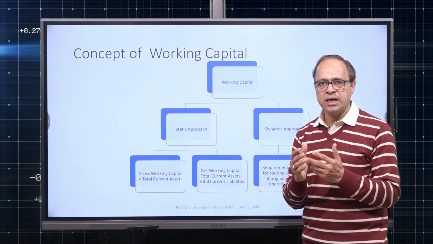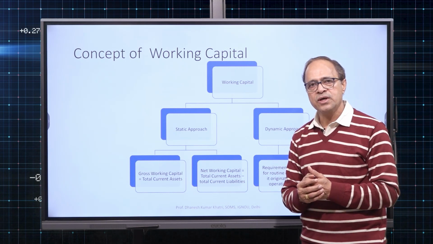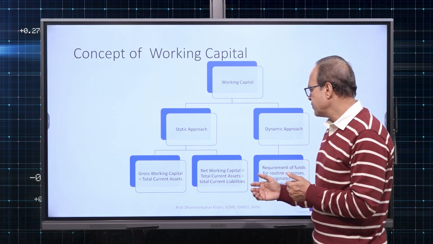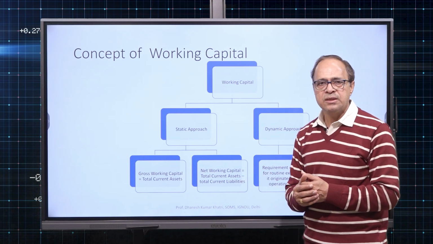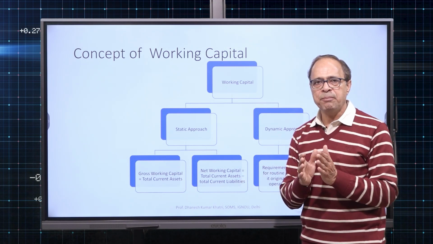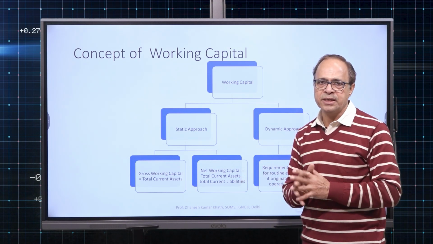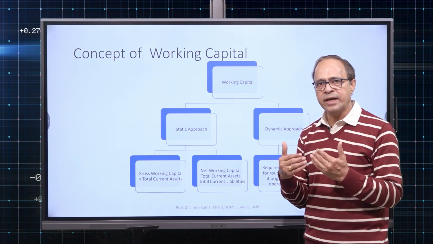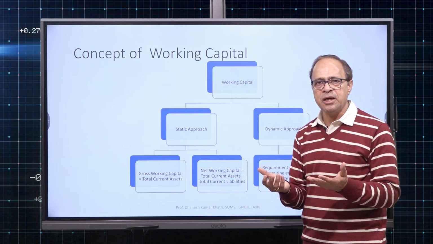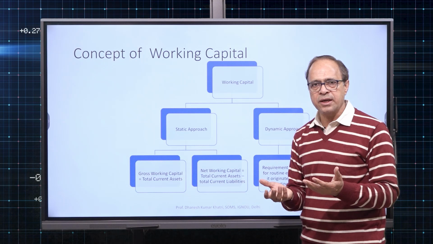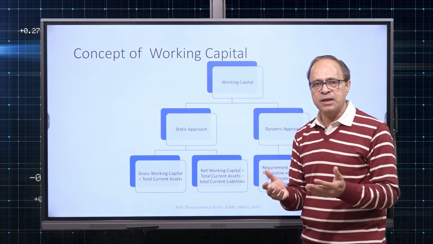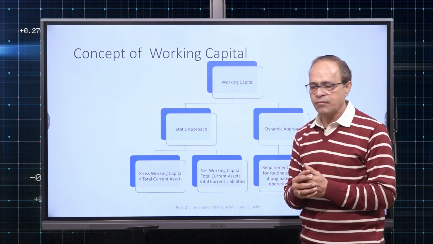So, all those are the baskets of current assets, whereas current liabilities, the liabilities which are to be paid within 1 year or one operating cycle. These generally include expenses payable, trade payables, also known as sundry creditors, or tax payable, dividend payable, and likewise.